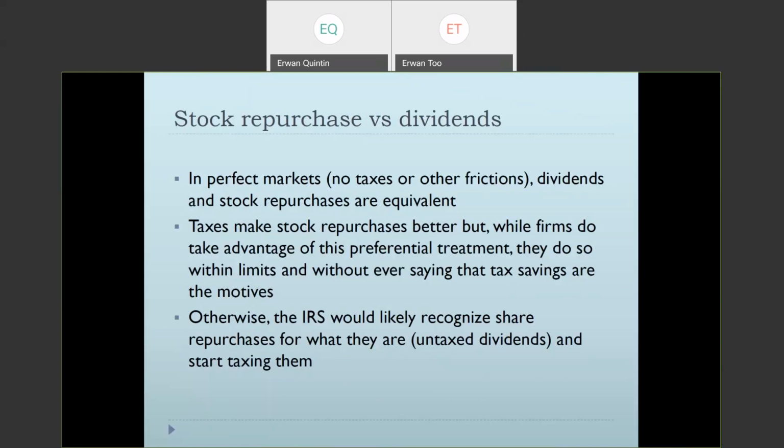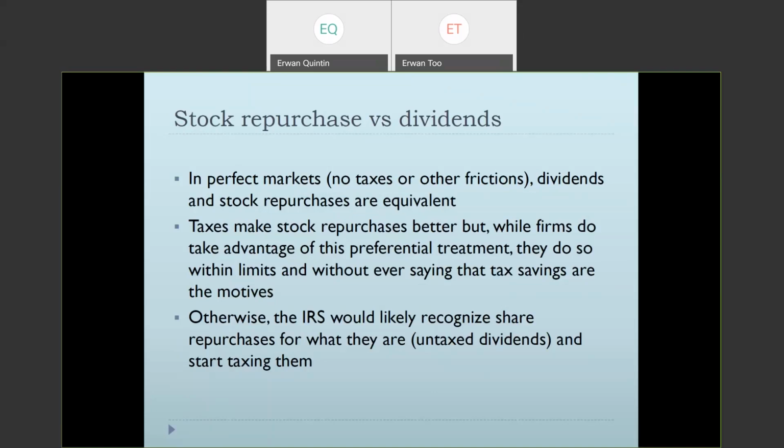The answer is, well, unlike in the world of Modigliani-Miller, in the real world there are frictions. Obviously, taxes, for instance, because dividends are taxed, whereas stock repurchases are not taxed. Obviously, if you want to redistribute money, you should, all else equal, try to do a stock repurchase.